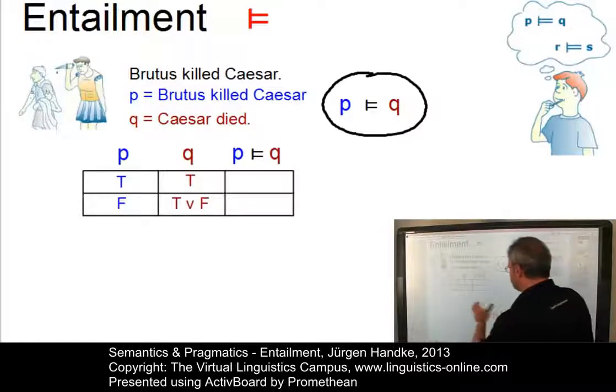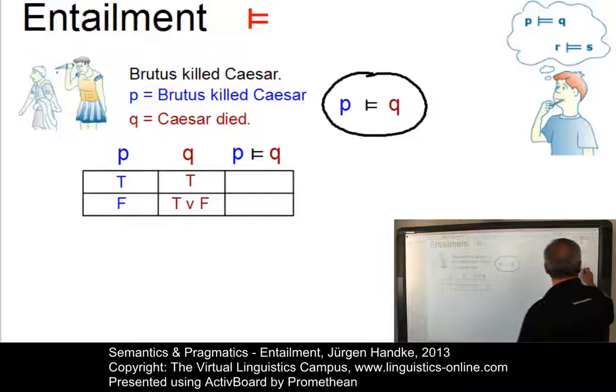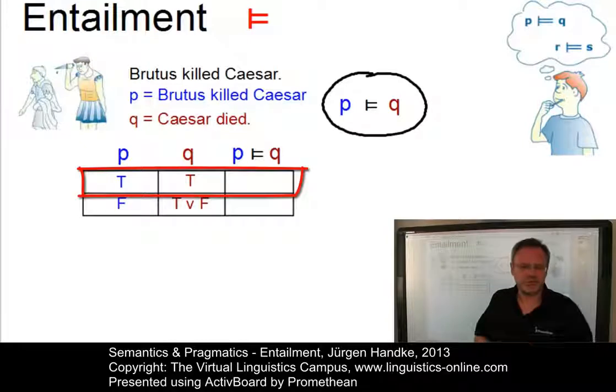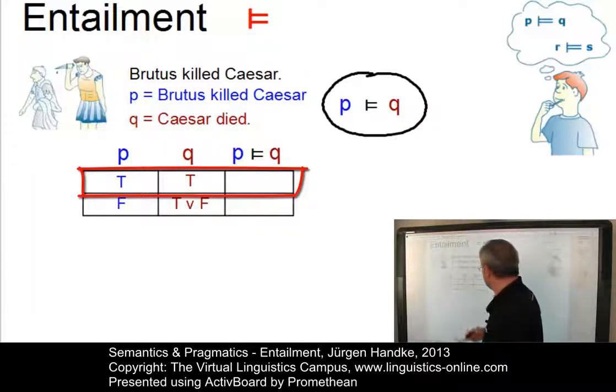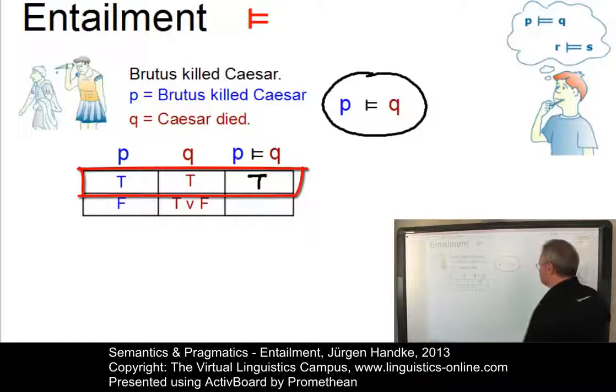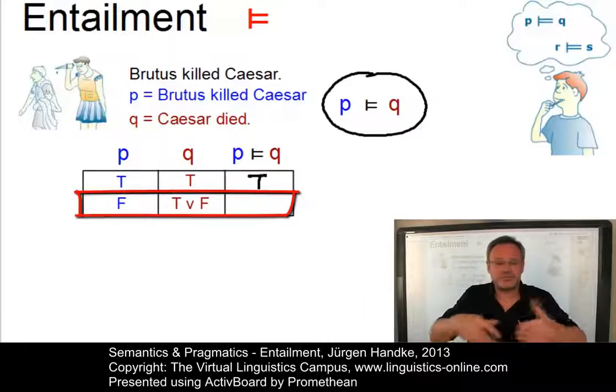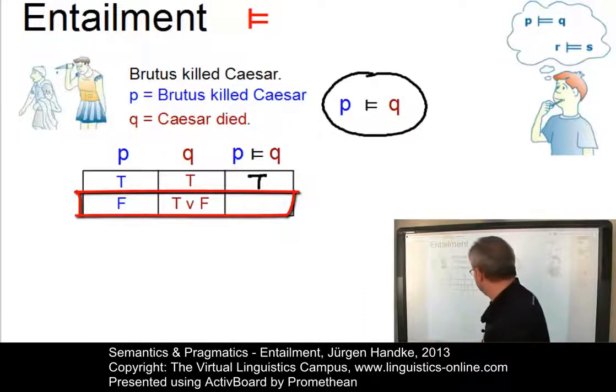Now let's first of all consider the relationship P entails Q. If P is true, that is, Brutus actually killed Caesar, then Q, Caesar died, is true too, so our entailment relationship holds, it is true. If P is false, if Brutus did not kill Caesar, well then Caesar may be dead for any other reason, or Caesar may still be alive, so P does not entail Q.